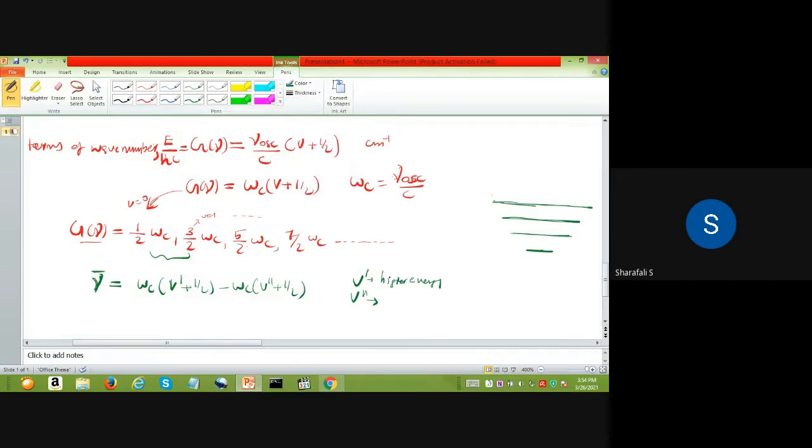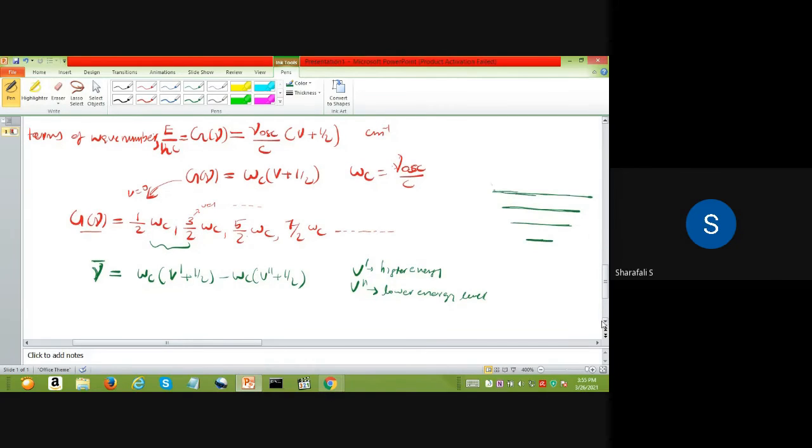So I'm just considering the two adjacent energy levels. Okay. So V dash and V double dash. V dash is the higher one. V double dash is the lower one.